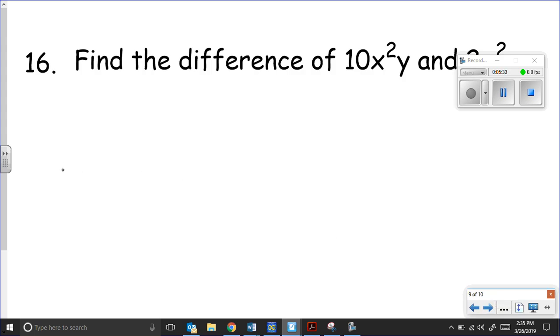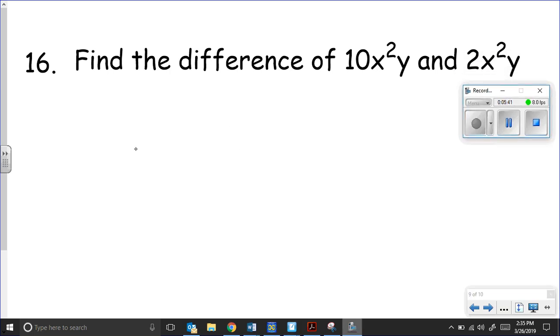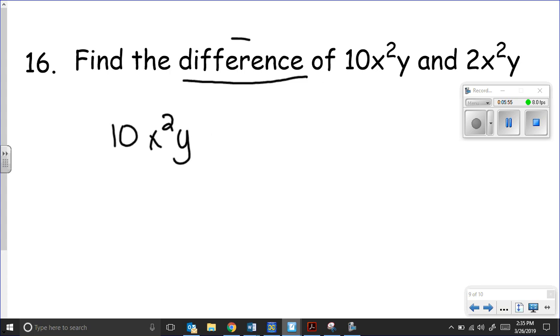All right, so now let's do question 16. It says, find the difference of 10x squared y and 2x squared y. So remember, difference just means subtraction. So that means we want to subtract these. So we want to have 10x squared y minus 2x squared y.